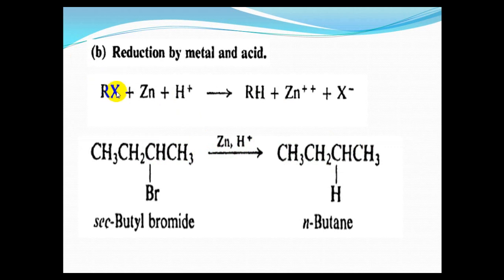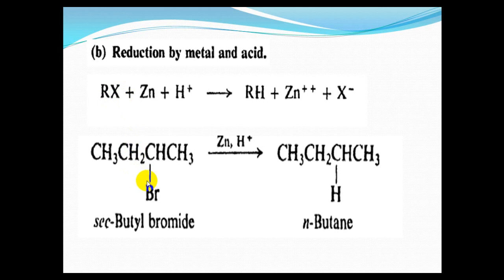A reduction by metal and acid. That's a reduction of alkyl halide with zinc and acid in order to produce RH, alkane, and zinc as cation and anion of halide, which is produced from alkyl halide.